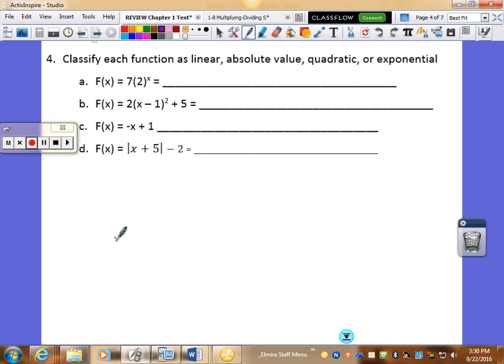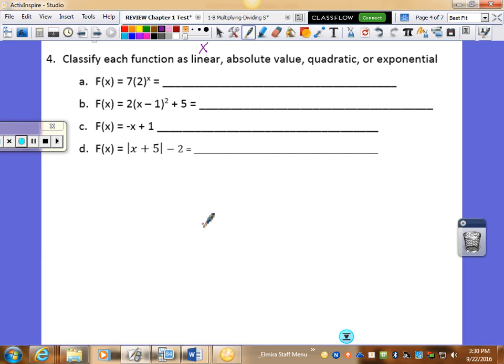4. Classify each function as linear, absolute value, quadratic or exponential. Okay, so I would love for you to have studied your function family charts enough to know that a linear, when you see the x, it's just an x without an exponent, without absolute value.